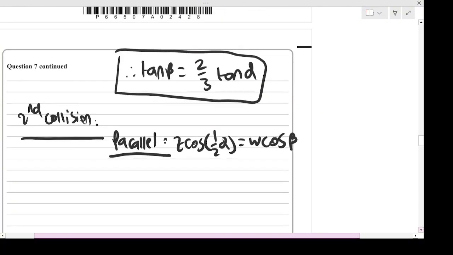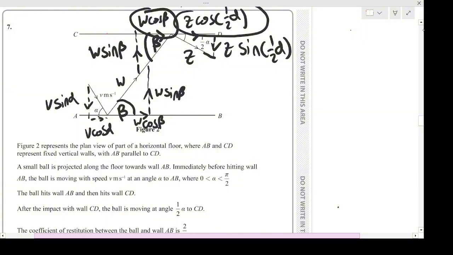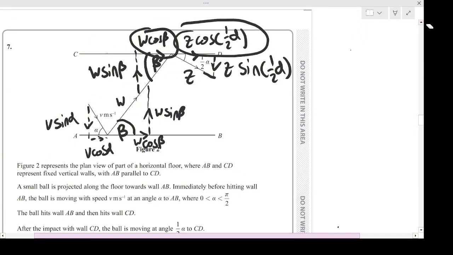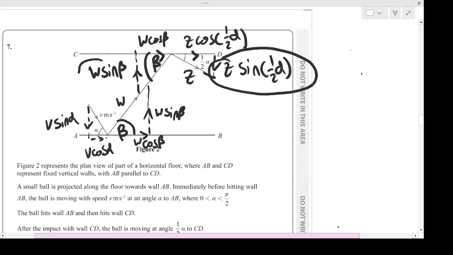And then the perpendicular equation for the perpendicular components. That's going to be these two here, W sine beta and Z sine of a half alpha.